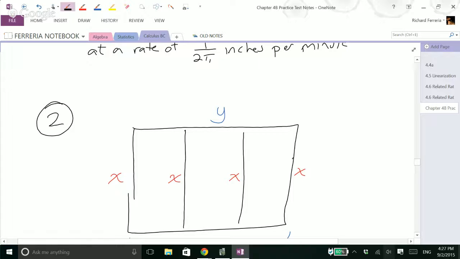If x is 500, that's still 2,000. I only have 1,000. So basically, I'm dividing by 4. Or another way of looking at it is, what happens if y is 0? If y is 0, then the amount of fencing is just 4x. 4x equals 1,000, x equals 250. Okay? All right, so I have my domain.